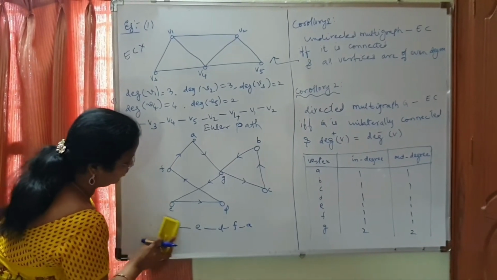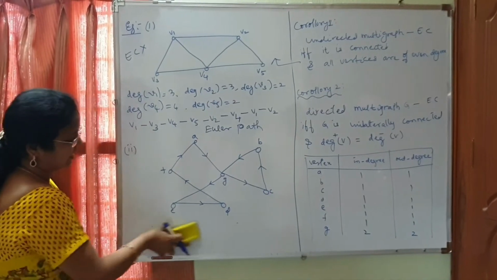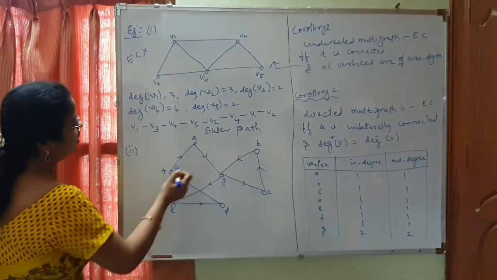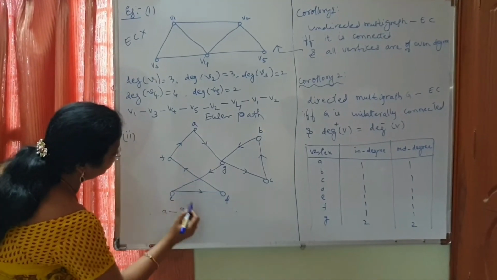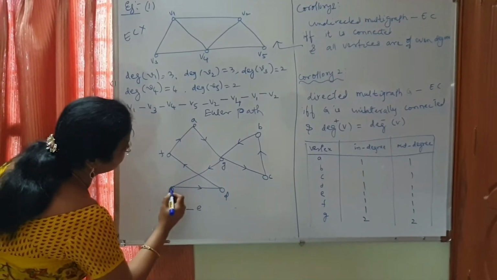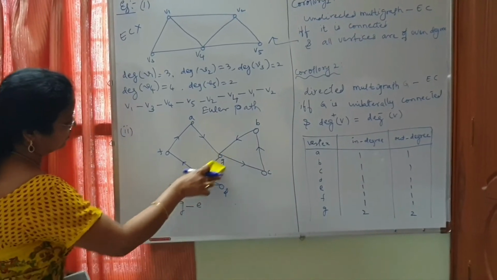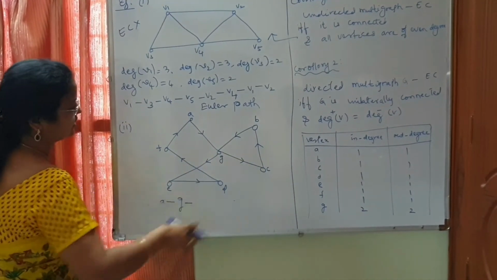So now I am going to change the path of the graph. How do you write it now? From A to G, G to E, or G to, again if I come like this, again we are not going to consider that part.